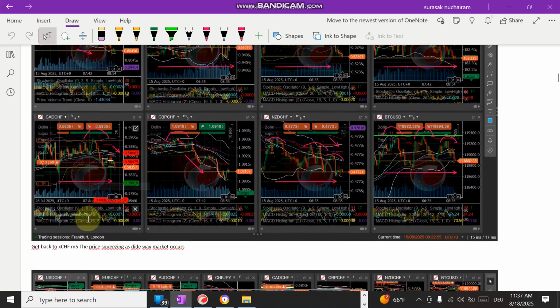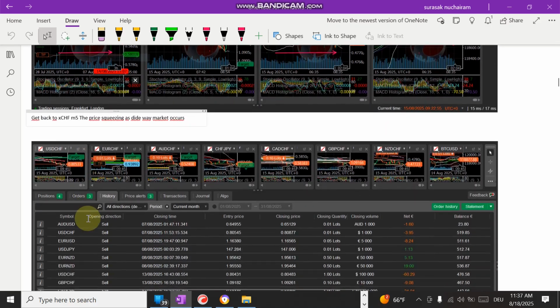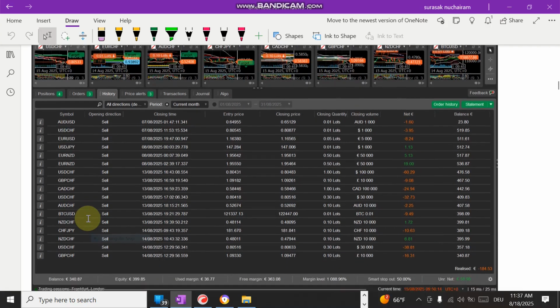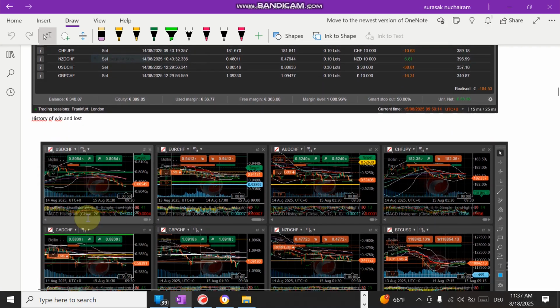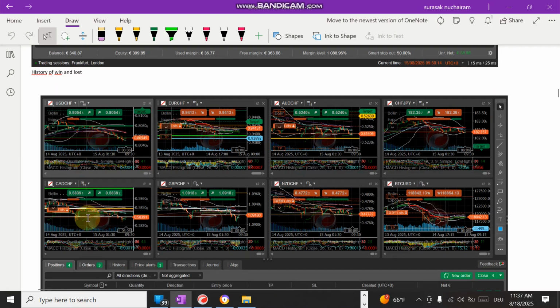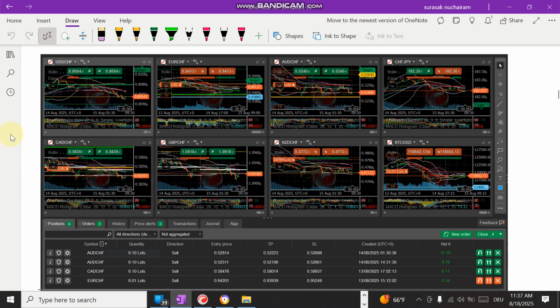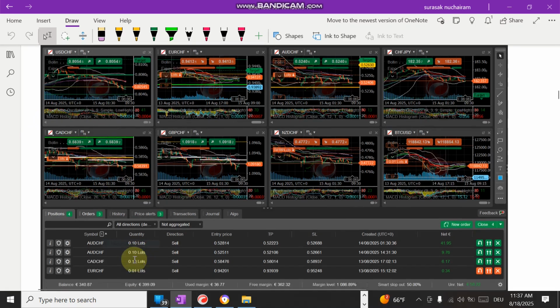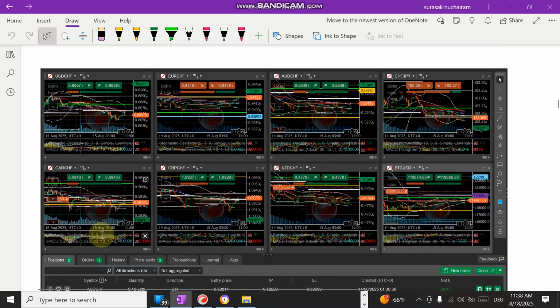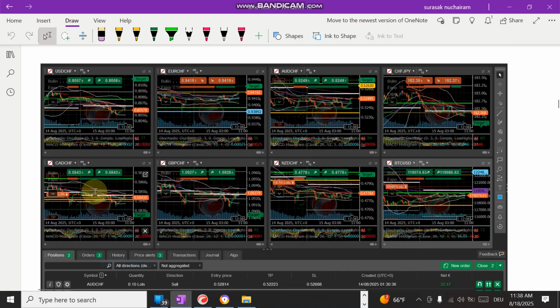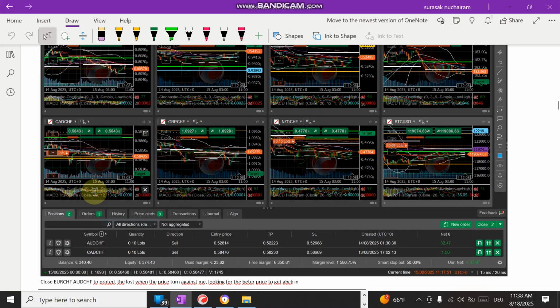CAD Swiss franc did not work. The price still moving up instead of sell in my direction. Nothing. US Swiss franc drop. 15 minutes drop. But I didn't get it.